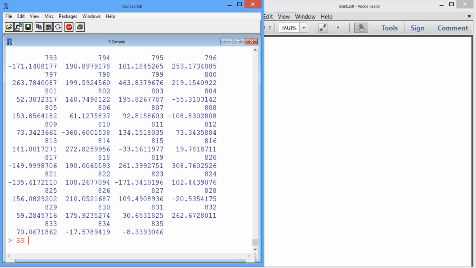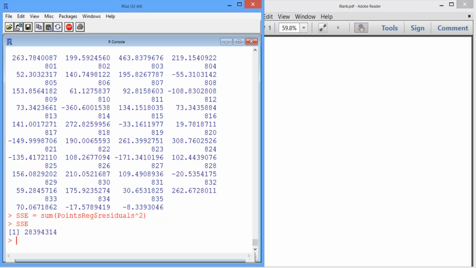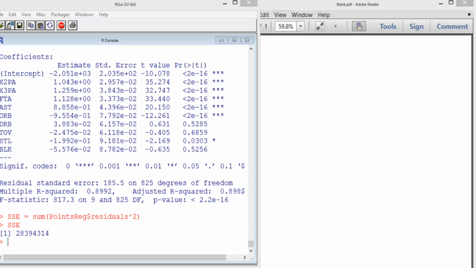So SSE is equal to sum of points reg $ residuals squared. All right, so what is the sum of squared errors here? It's quite a lot, 28,394,314. So the sum of squared errors number is not really a very interpretable quantity.